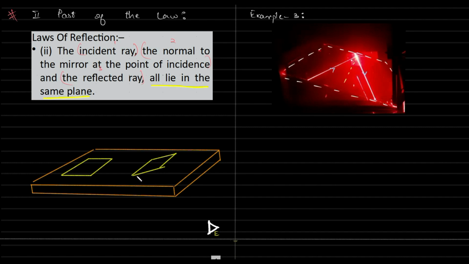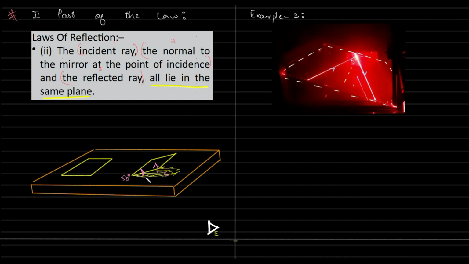This is below the table, you can think of that as a shadow. This is making an angle of, say, around 50 degrees.